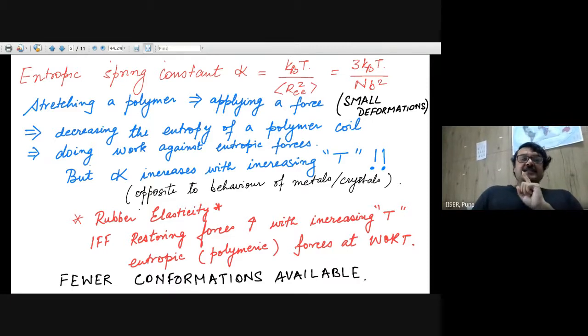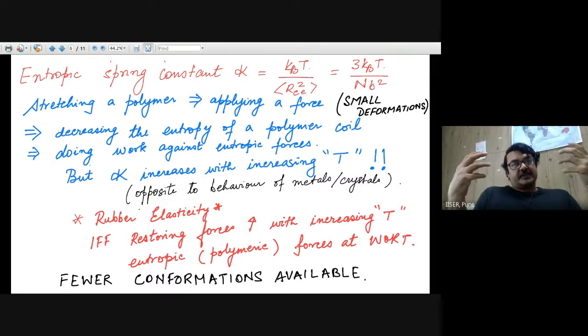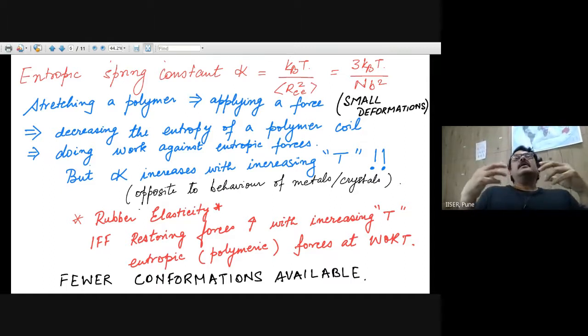And note that this is very different from what you see in a metal. If you have a metal bar, where you have atoms sitting in a crystal, and you increase the temperature, the elastic modulus actually decreases with increase in temperature, because as you increase the temperature, the atoms can move around their energy minima, right?